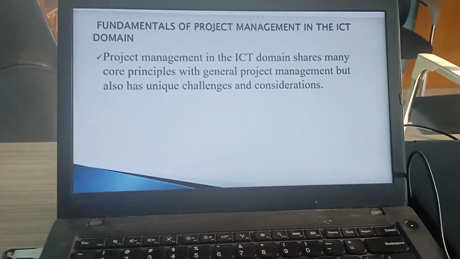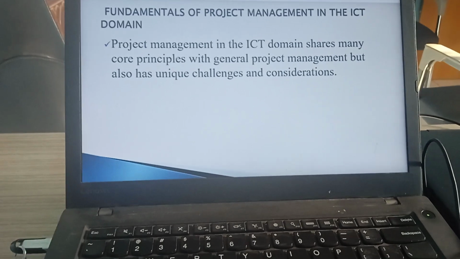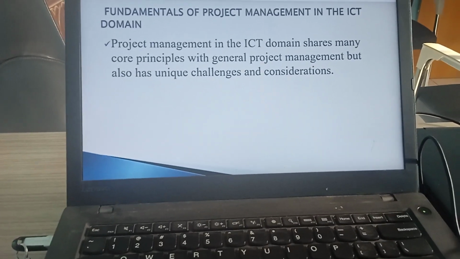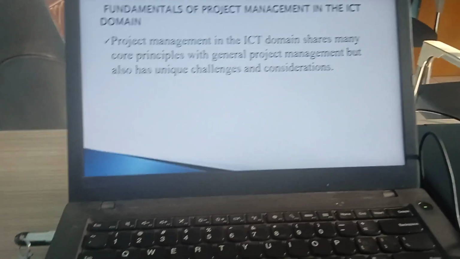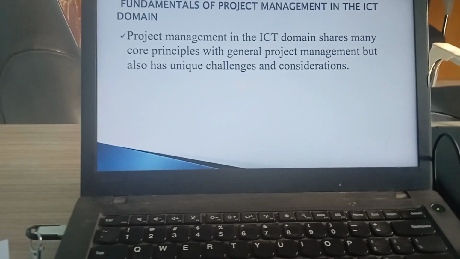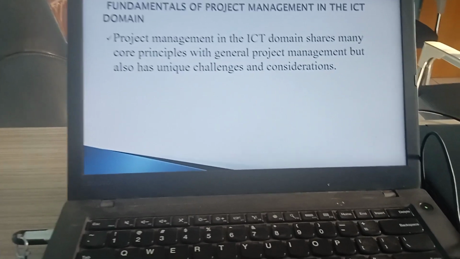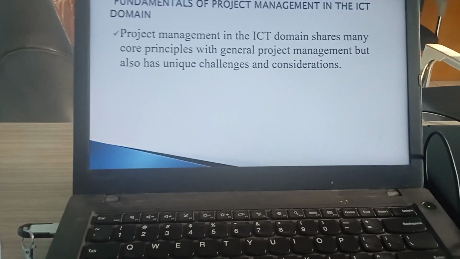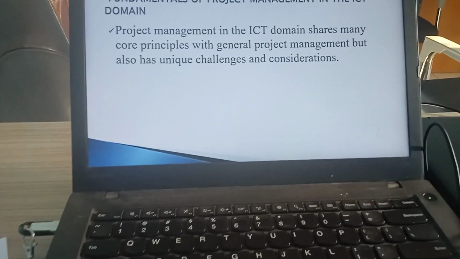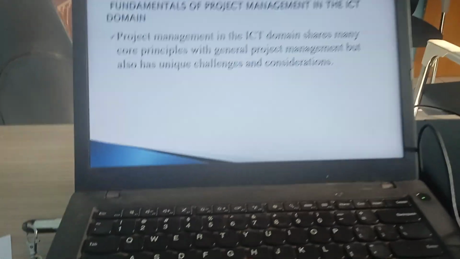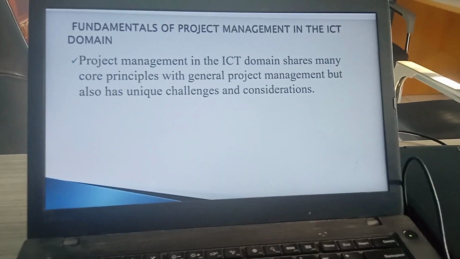Project management in the ICT domain shares many core principles with general project management, but also has unique challenges and considerations. Yes, we have to come out with the project management and planning, but we have to also consider many things. That's why we have what we call challenges and considerations.